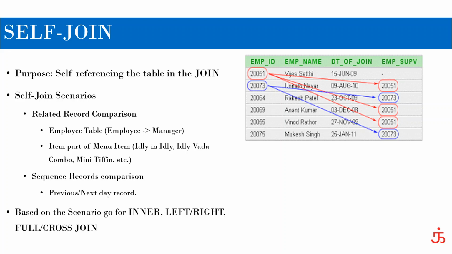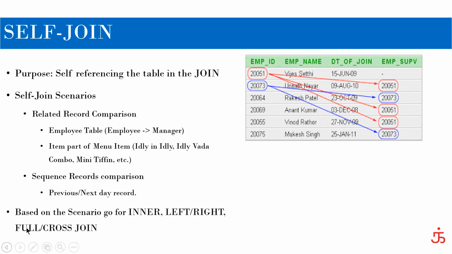In such a situation, I can go for self join, because I need to compare two sets of records based on a timeline. In case of self join, we can use inner join, left join, right join, full join, cross join, anything, because it depends on the business question.